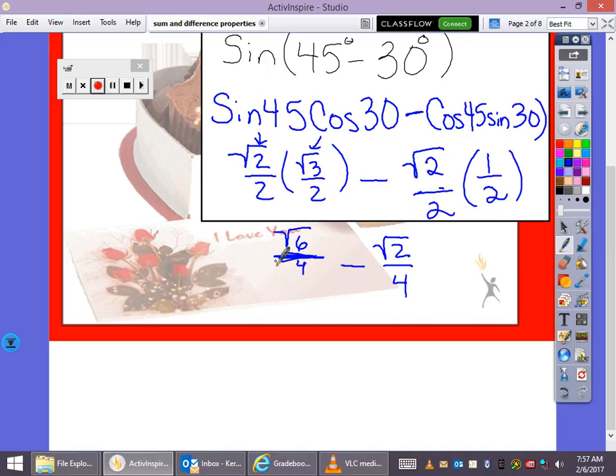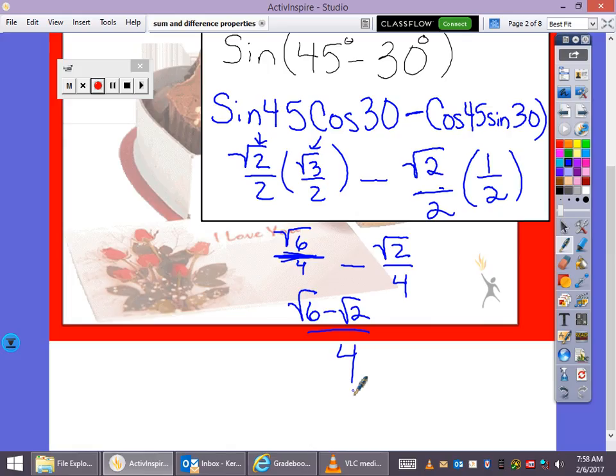No, square roots don't work that way. So it is simply the square root of 6 minus the square root of 2 over 4. And if you wanted to, you could type it in your calculator and get a decimal answer, but we're going to leave it like that for now. Okay? Good so far? All right.